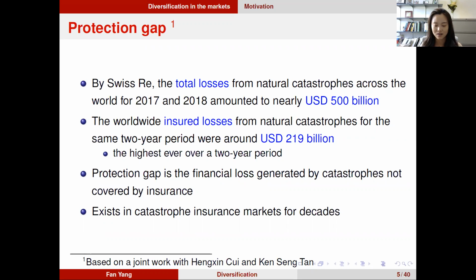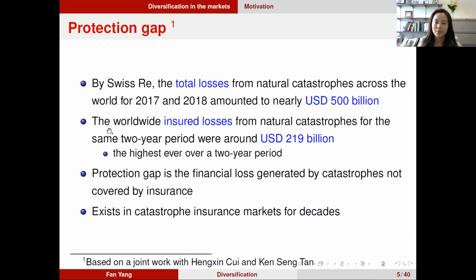They provide a lot of data and their own research, so we can see what really happens in the real insurance market. According to their report, the total losses from natural catastrophes across the board for the years 2017 and 2018 are nearly $500 billion US.